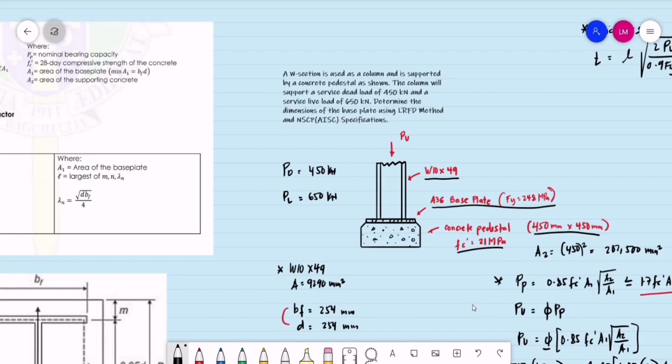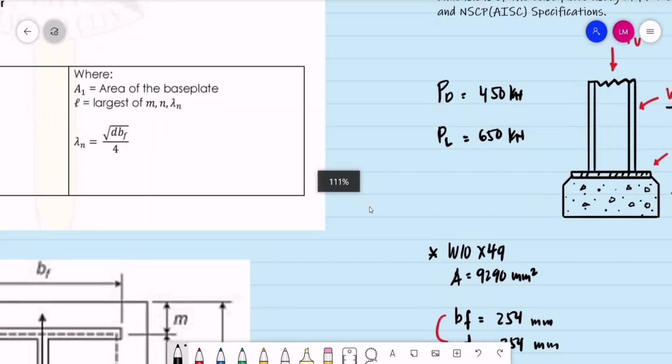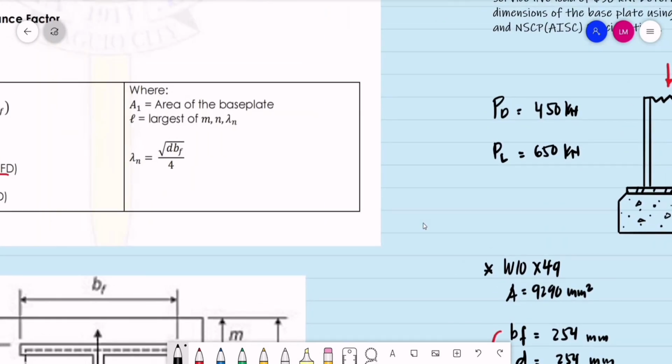So how do we compute for the value of l? It is either the value of m, n, or lambda n, whichever is the largest. So the largest of m, n, and lambda n.